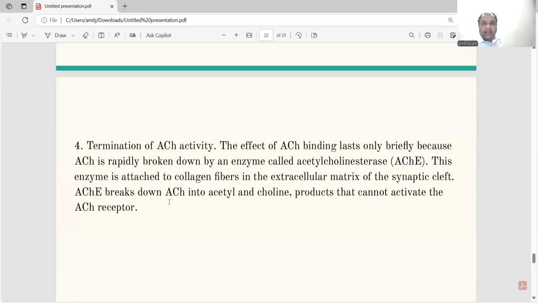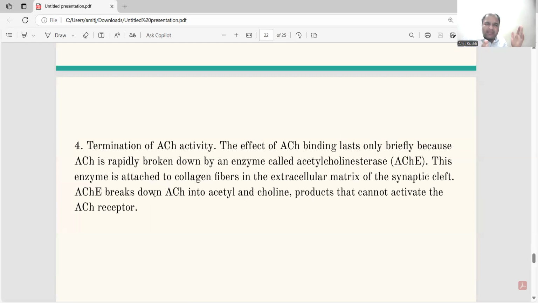This enzyme is attached to the collagen fiber. Collagen is a protein. So acetylcholinesterase is an enzyme that remains attached to the collagen fibers, which are located in the extracellular matrix of the synaptic cleft. This acetylcholinesterase breaks down ACh into the acetyl part and the choline part.